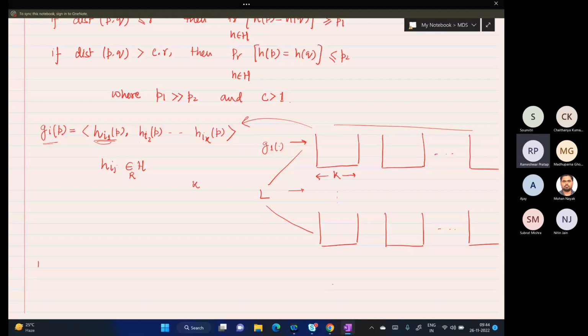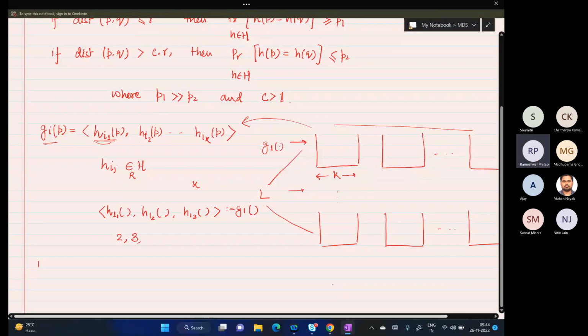So for this first row, maybe it's h11, h12, and h13. So this set of hash functions defines our g1, which defines the first row. And now for a particular bucket, suppose, for example, h11 takes value 2, h12 takes value 3, and h13 may take value 5, for example.